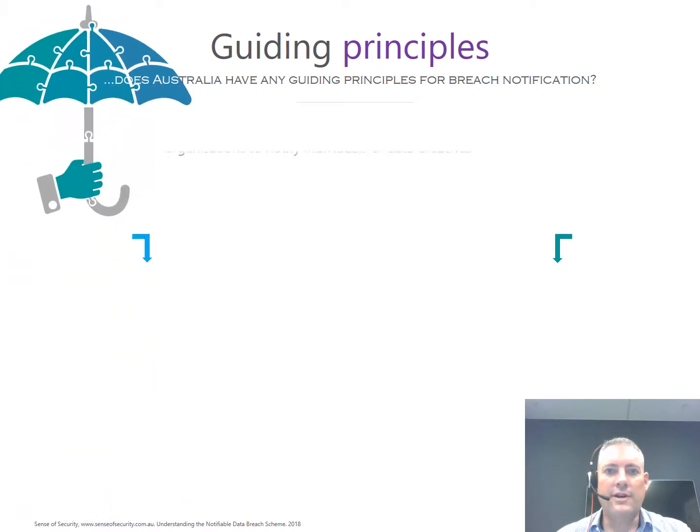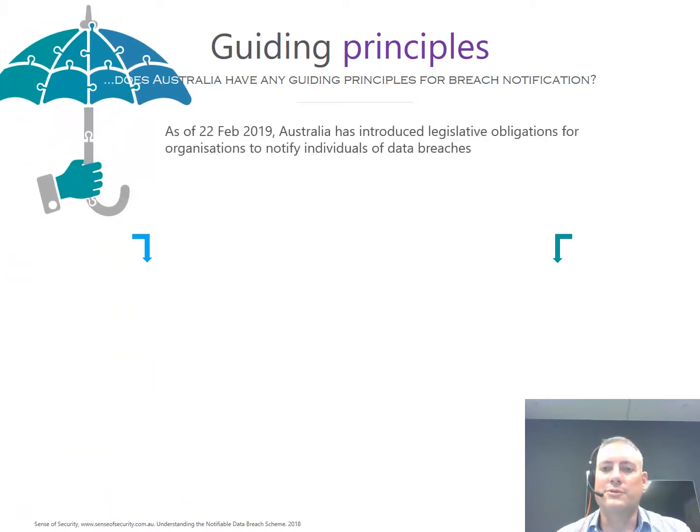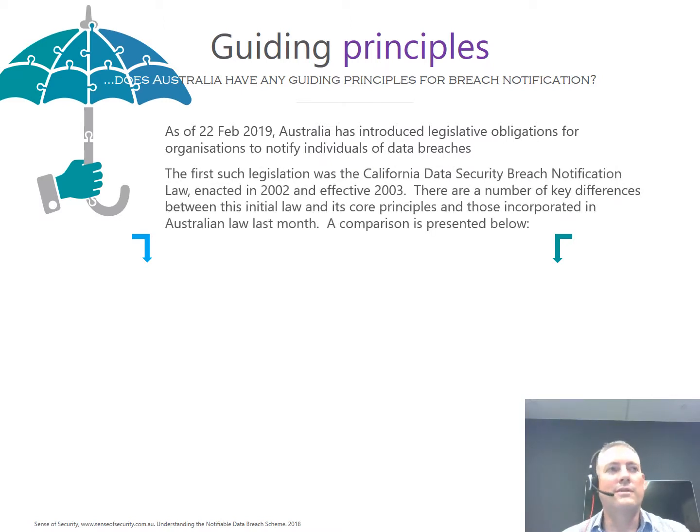Now, does Australia have any guiding principles for a breach notification? As of 22nd February, Australia has introduced legislative obligations for organisations to notify individuals of data breaches. The first such legislation was in California in 2003. However, there are a number of significant differences between this initial law and the core principles of that law and those incorporated in Australia.